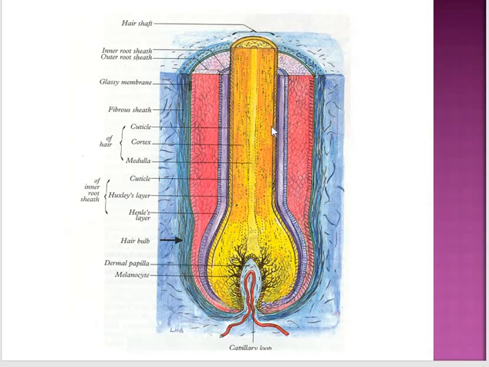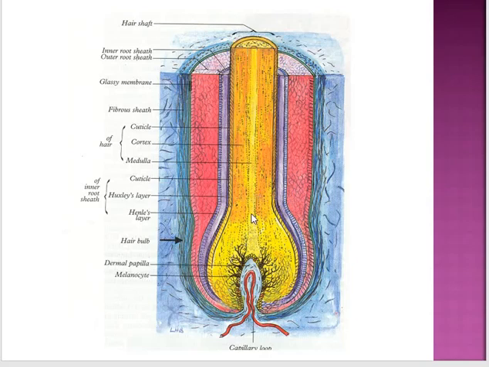We have to understand this during the migration away from the hair matrix. The cells that arise from the peripheral cells of the hair matrix migrate from the site of origin.